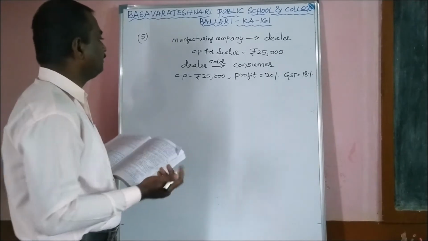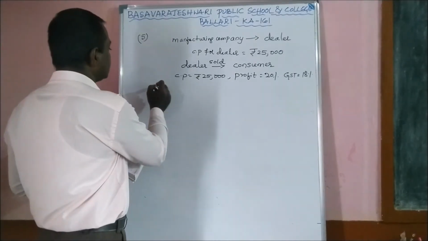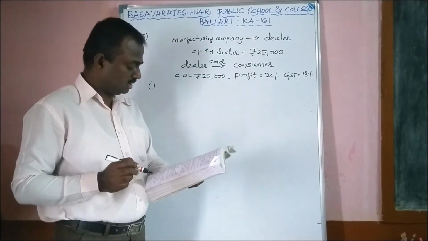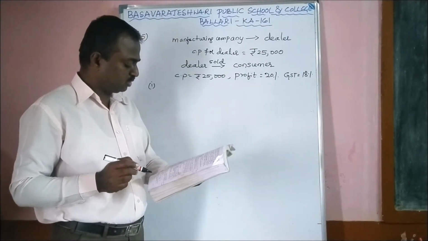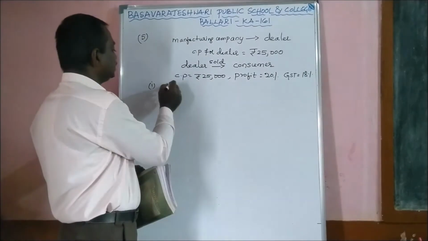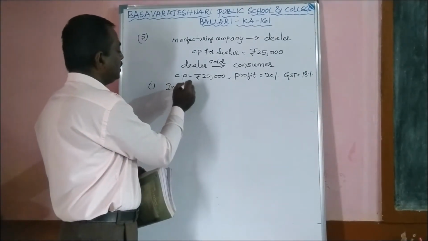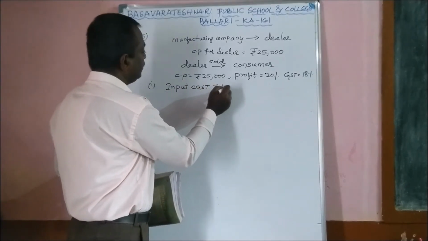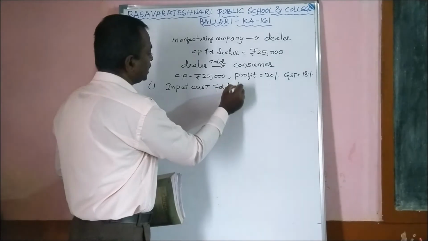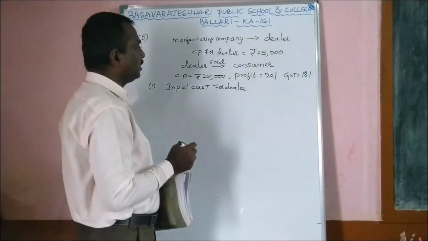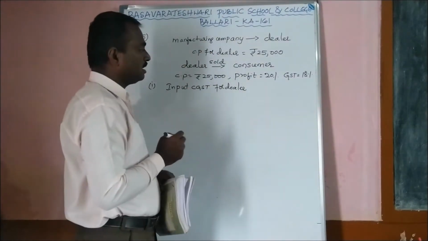So in the first question, they are asking us to find out the amount of input CGST and input SGST for the dealer, because the dealer purchased that product from the manufacturing company.